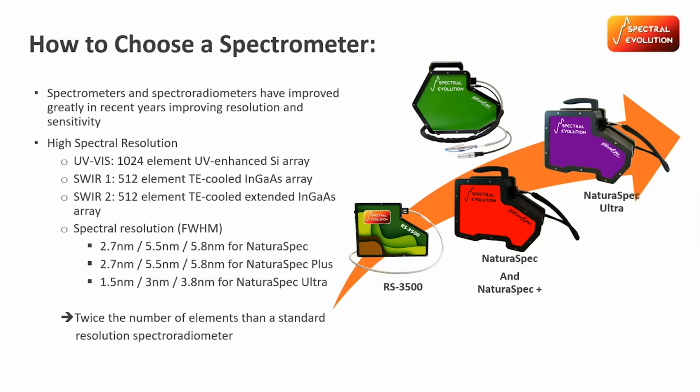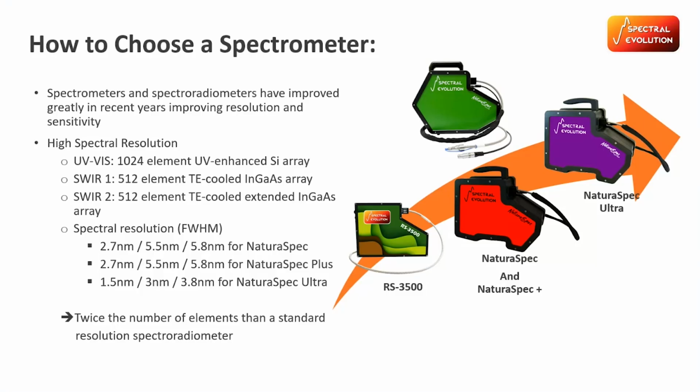across that range. So inside of our high spectral resolution instruments, for the UV-VIS, we have a 1024 element UV enhanced silica array. In SWIR 1, we have a 512 element thermoelectrically cooled InGaAs array. And then for SWIR 2, we have a 512 element thermoelectrically cooled extended InGaAs array.